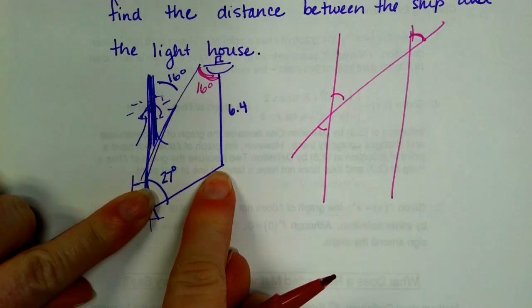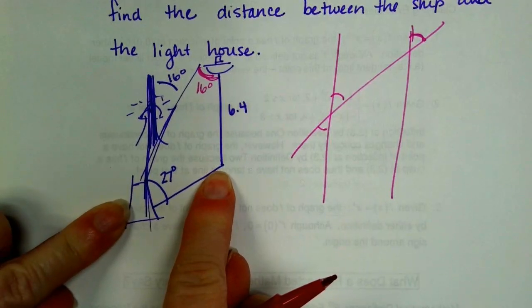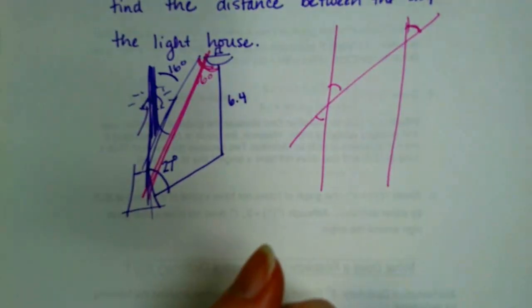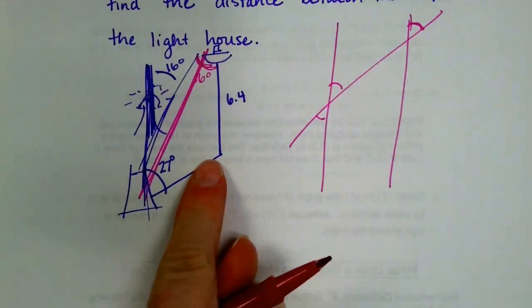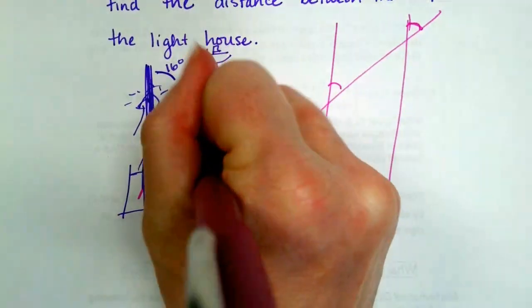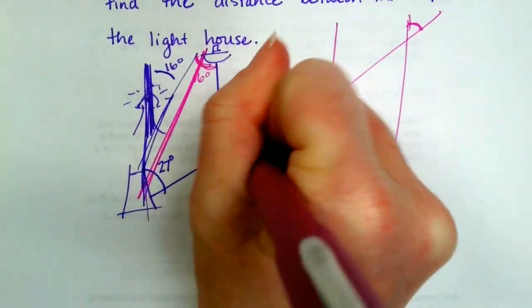So I am looking for the distance between, so I'm actually looking for the diagonal measurement. So I need to find my missing angle. So I'm going to do 180 minus 16 minus 27 to find my obtuse angle. So this is 137 degrees.